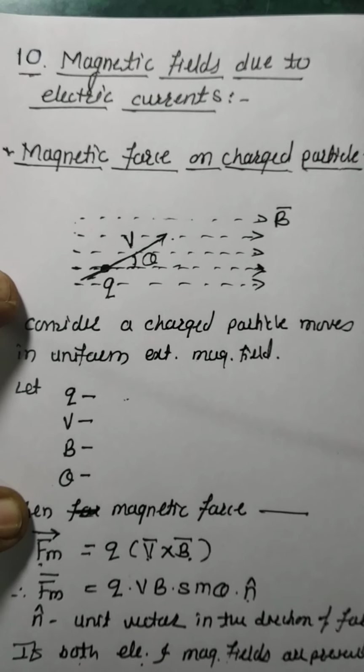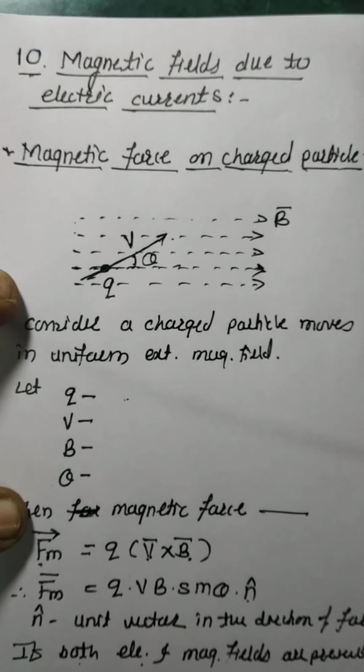Therefore the force acting on the charged particle, F, in presence of both electric and magnetic fields, is Q into the intensity of electric field plus v cross B, like this.